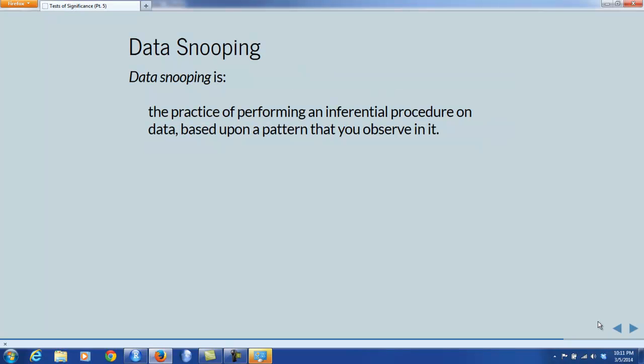That's data snooping. Data snooping is the practice of performing an inferential procedure on data based upon a pattern that you observed in it. So you decide to do a certain test because you saw a pattern that suggested that you should look into that test.